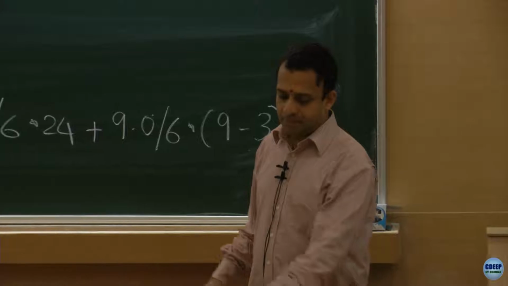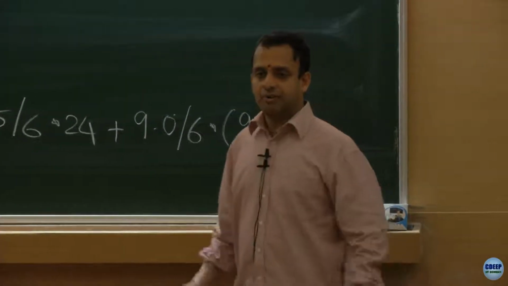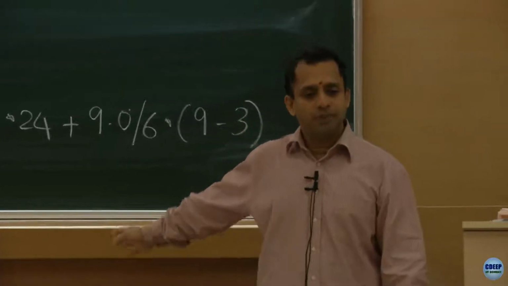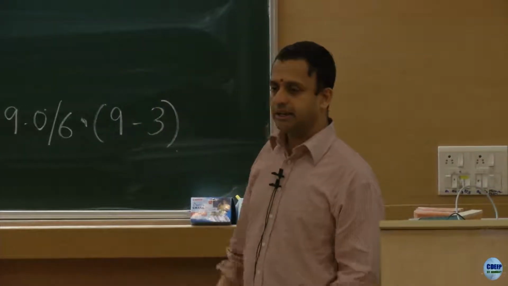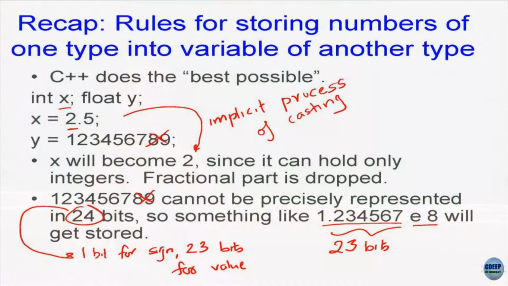This last point may not be very relevant for this expression, but with all this ammunition, now please try and write down the tree in case you haven't already done that. Somebody is asking, how do you know that doesn't fit in 24 bits? Well, you'll have to actually write down the binary representation. We'll see how to write binary representation a little later today.